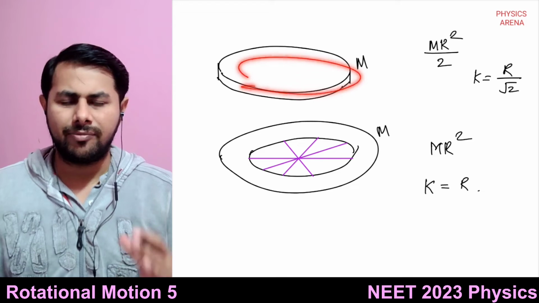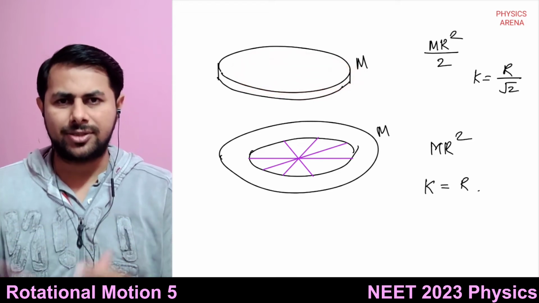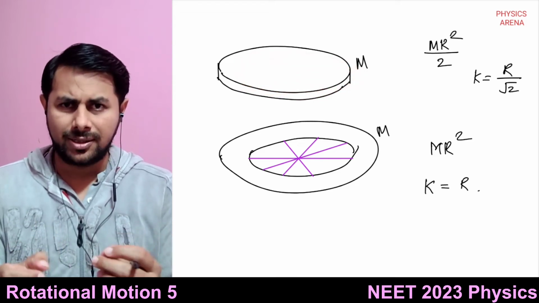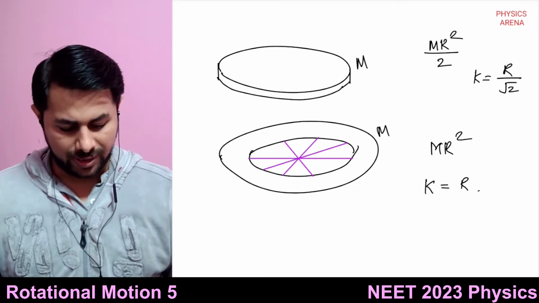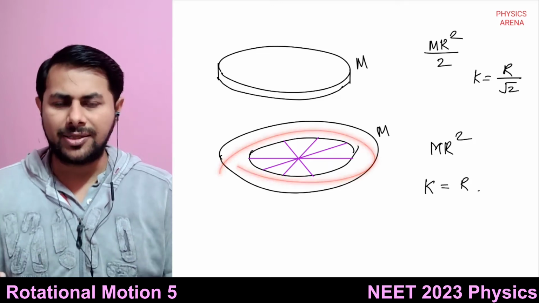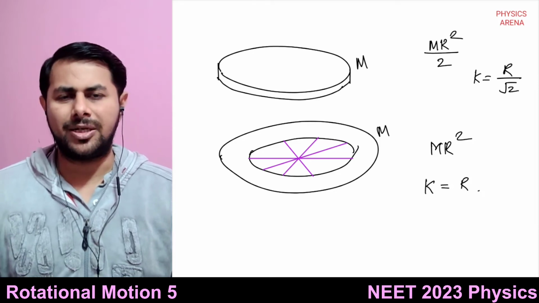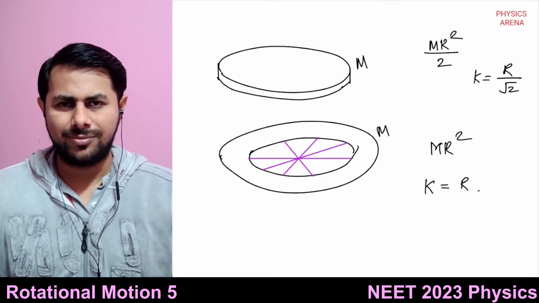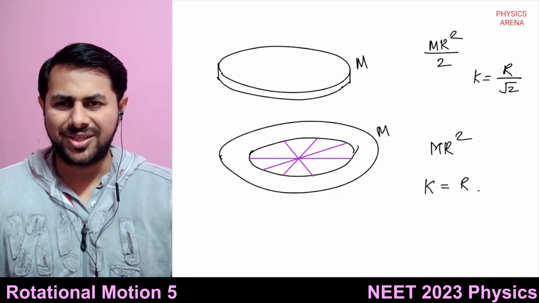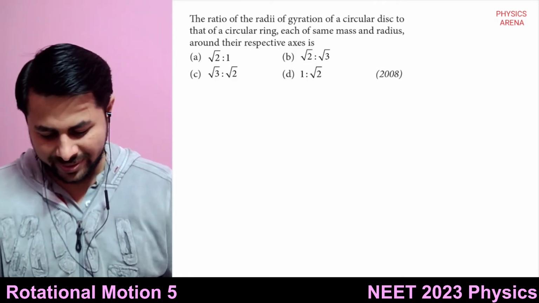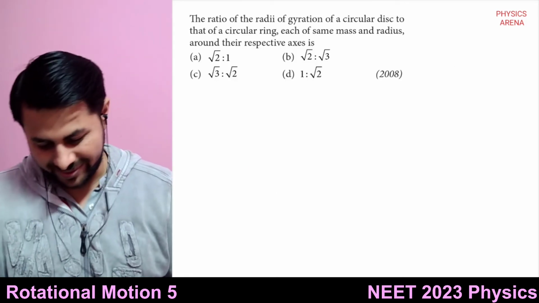For this body, mass is closer to the axis of rotation. If closer is the mass, less will be the moment of inertia. If farther is the mass, more will be the moment of inertia. This is the significance of radius of gyration. Got it? Yes, no? So let's see some examples.